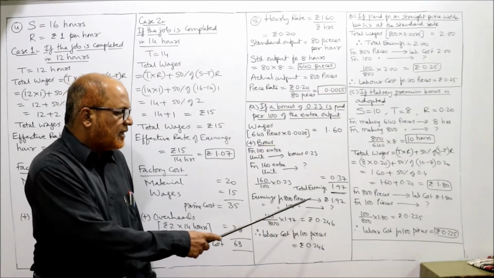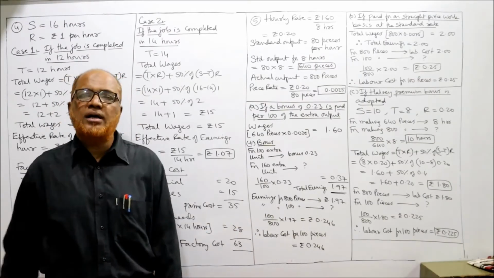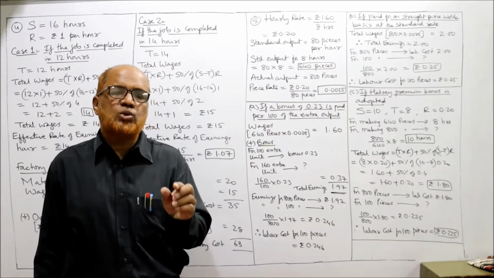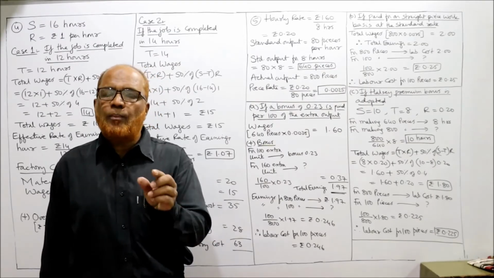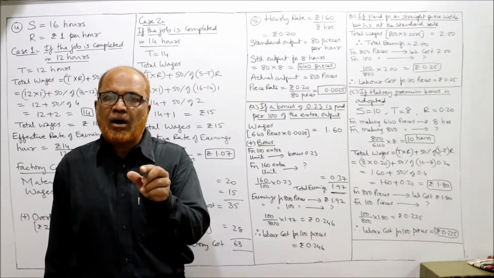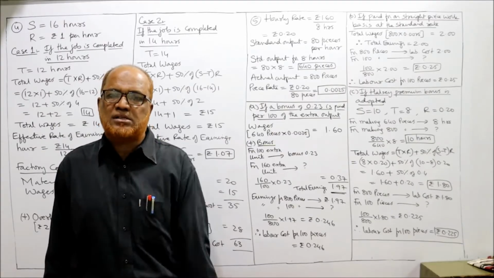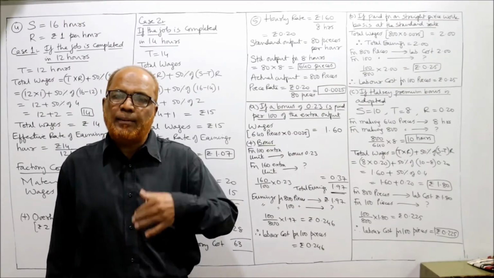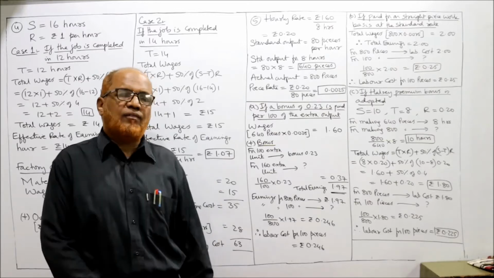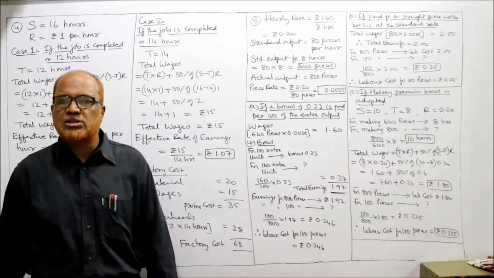So 100 by 800 into 1.97, 0.246. So 0.246 is the labor cost per 100 pieces. The labor cost for the employer is 0.246 for every 100 pieces.